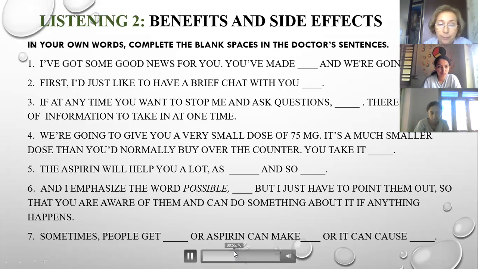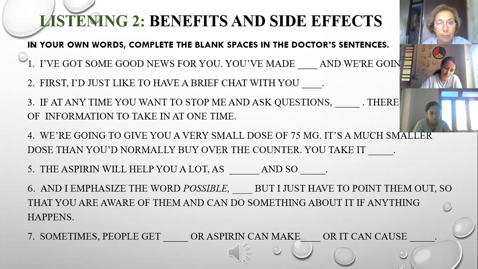This little white one, aspirin. Yeah. We're going to give you a very small dose of 75 milligrams. It's a much smaller dose than you'd normally buy over the counter. You take it by mouth once a day after a meal from now on. Okay. Why do I need to take it? The aspirin will help you a lot as it thins the blood and so helps to prevent further attacks.